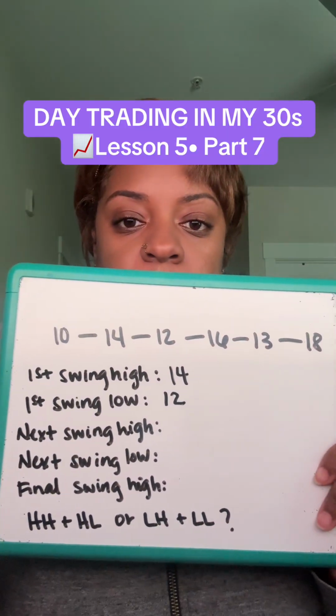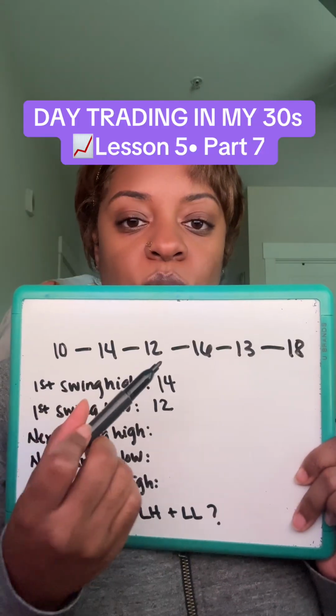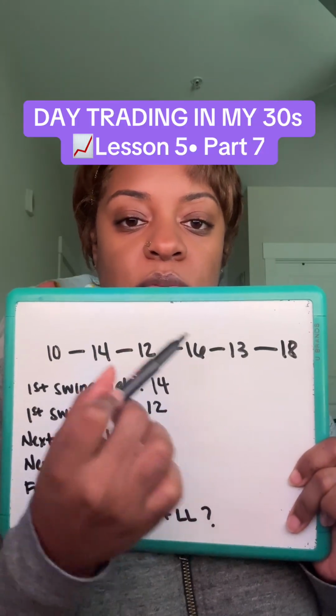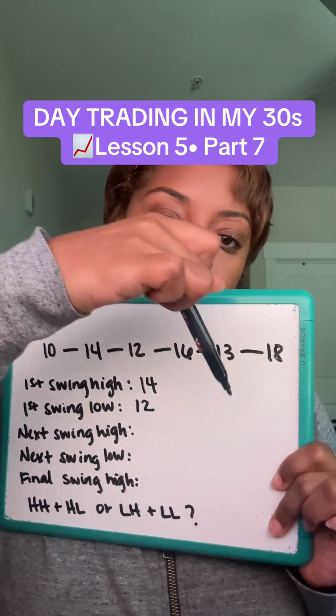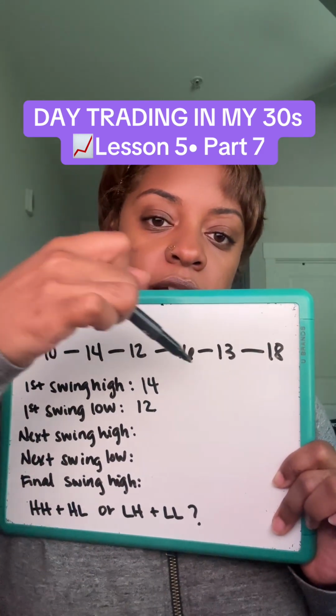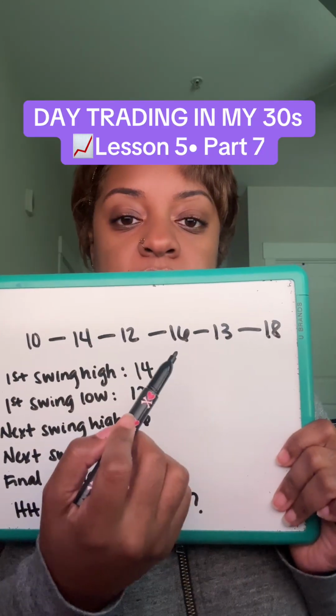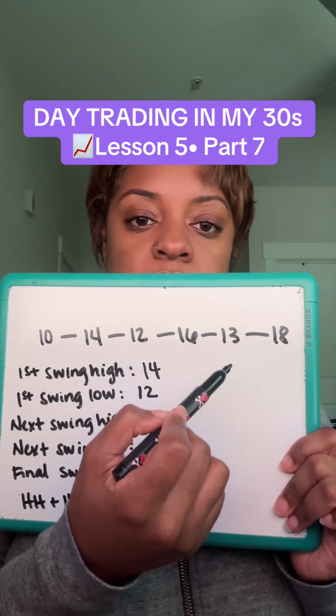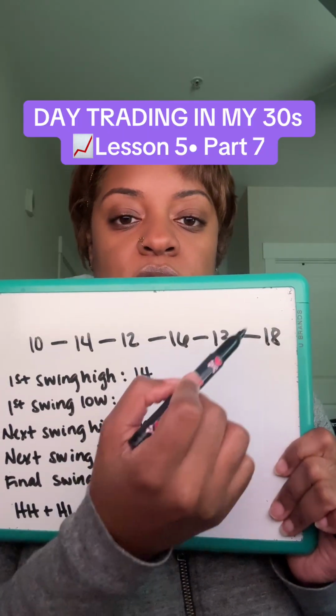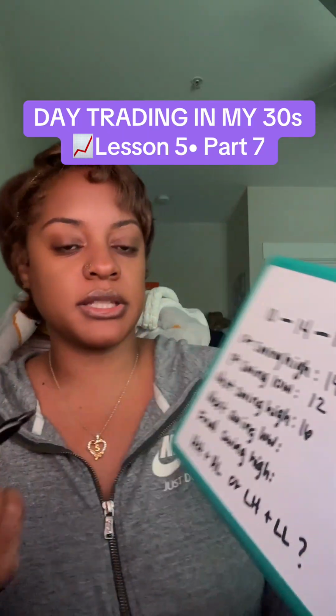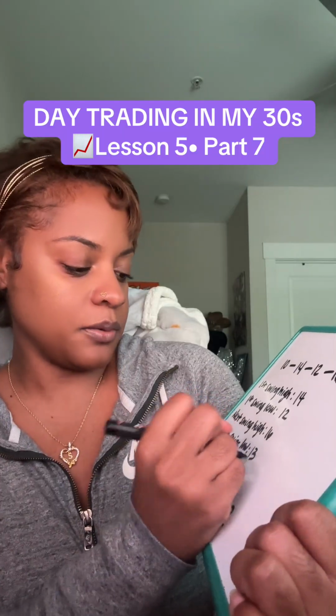Where's the next swing high? From 12, it went up to 16. That was the turning point, because then it started going downwards to 13. That next swing high is 16. That next swing low: from 16, it shot down to 13, and then that was the turning point where it started going back upwards. So that 13 is the next swing low.